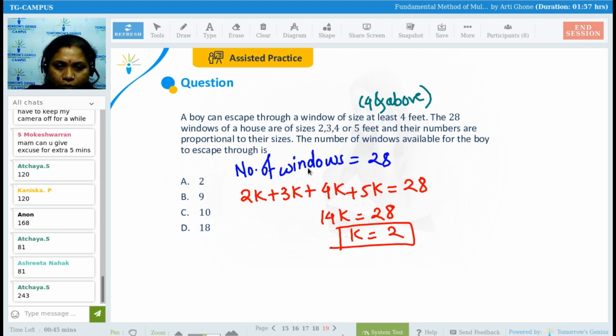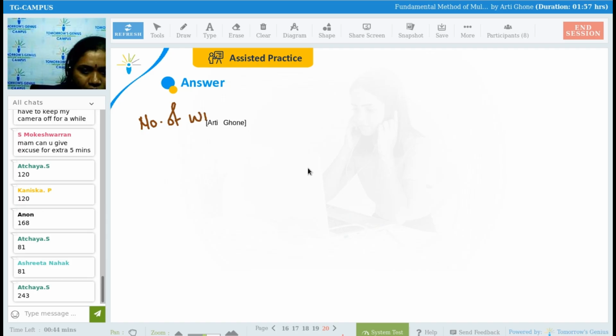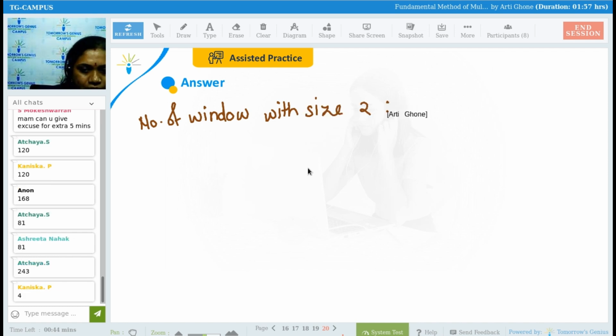Okay, so number of windows of size 2 is, how many windows are there with size 2? How many windows are there with size 2? This is the same. With size 2 is 2k is equal to 4.